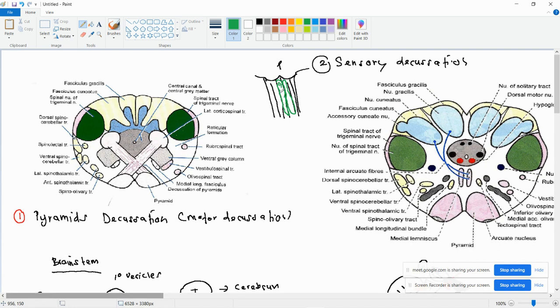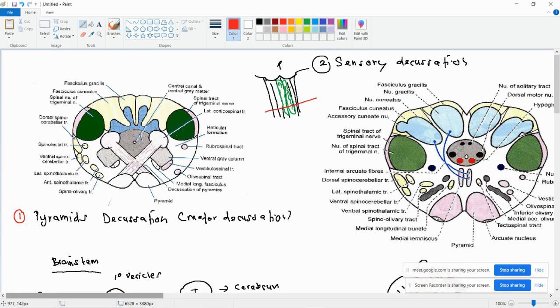If we cut your brainstem, where do we cut? At the inferior part, below here, the caudal part of the medulla oblongata, which is close to the spinal cord.